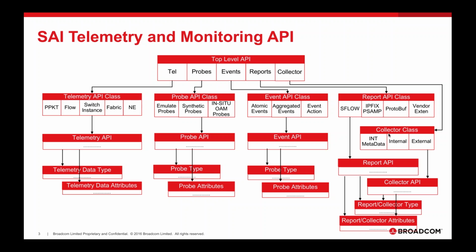Yeah, I'm really interested in a couple of things. The probe API class. I think they're really useful, and it will help us tremendously in our day-to-day operation to find out what is happening.